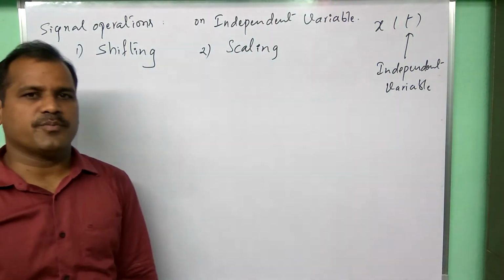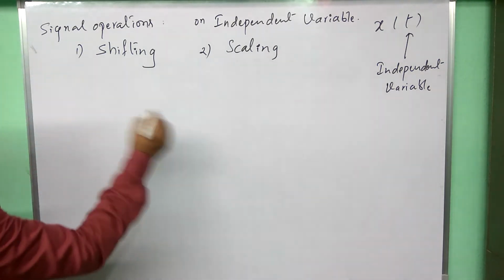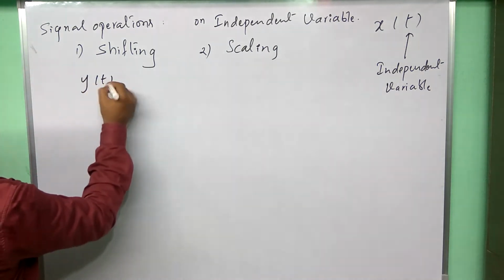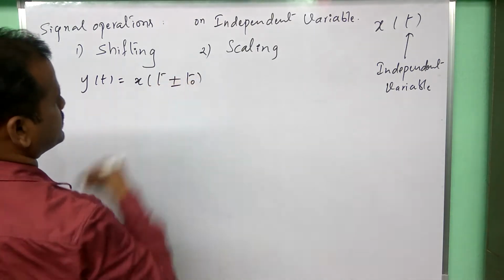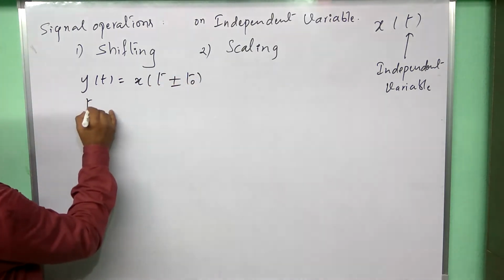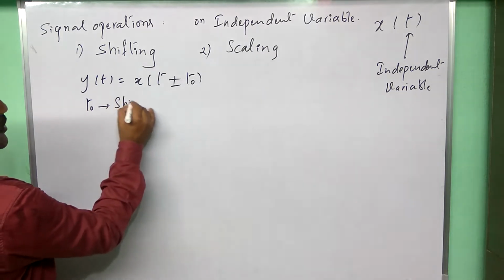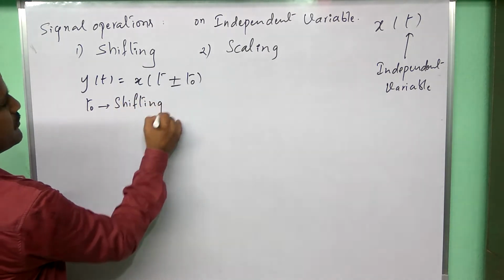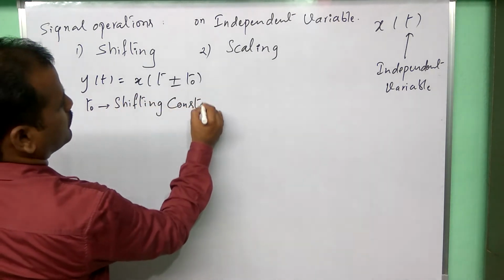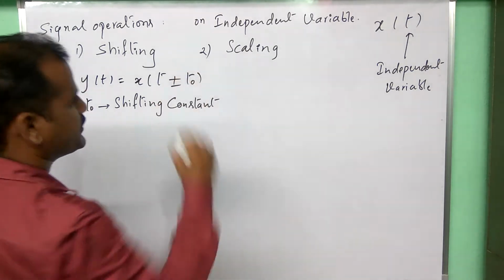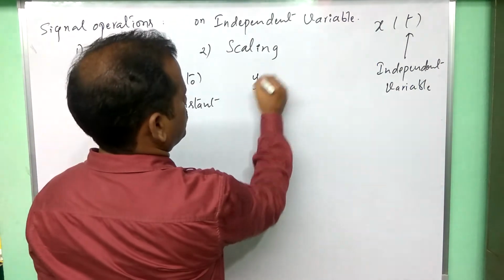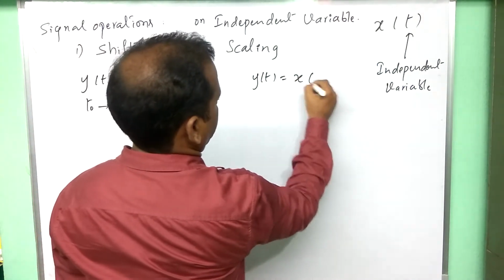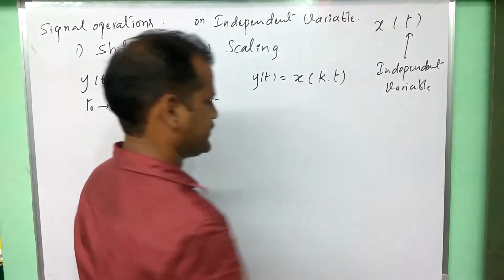Shifting operation, how to perform? It is of the form y of t is equal to x of t plus or minus t naught. Here t naught is the shifting constant. And scaling is of the form y of t is equal to x of k into t.